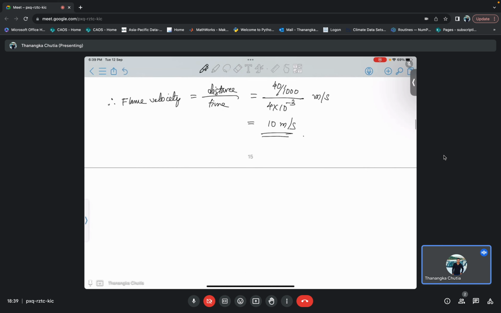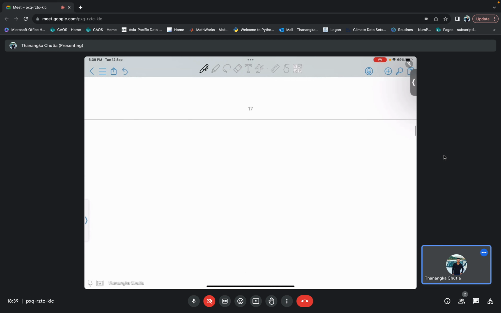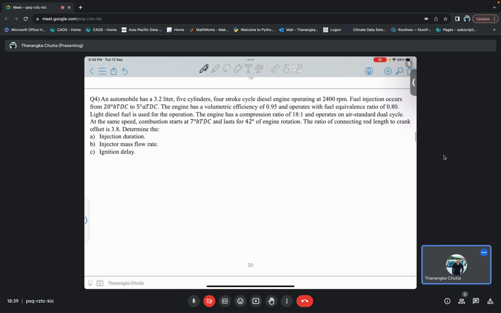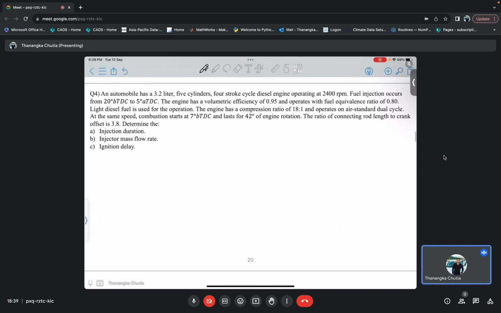Okay, so moving on to the next question then. An automobile has a 3.2 liter 5 cylinders 4 stroke cycle diesel engine operating at 2400 rpm. Fuel injection occurs from 20 degree before BDC to 5 degree after TDC. The engine has a volumetric efficiency of 0.95 and operates with fuel equivalence ratio of 0.80.